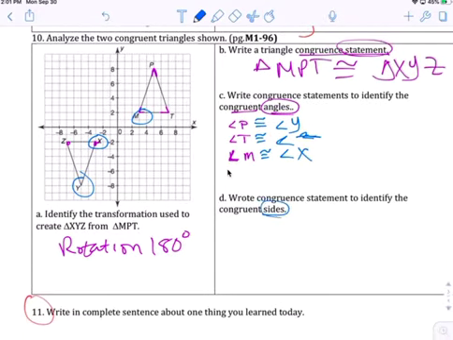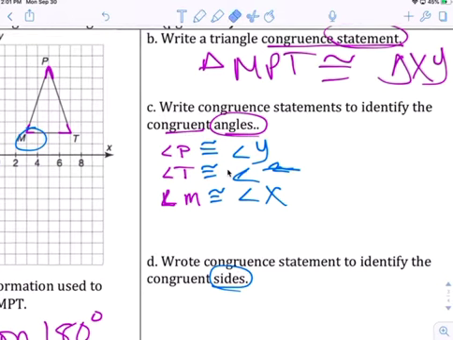Right, congruent sides, right? Well, you know how to do this, guys. Side. What makes a side? Two letters make a side. M to P. M to P is one side.